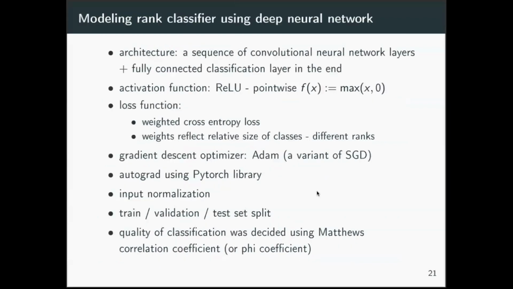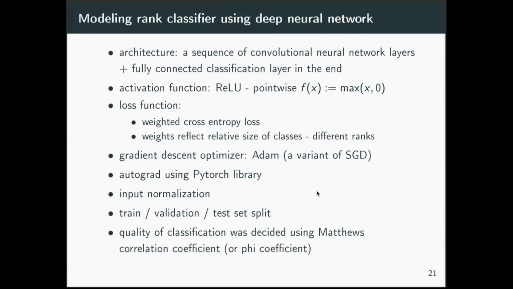Okay, now a few words about the modeling of this deep neural network. This is an area of expertise of my collaborator, Domagoj, so I will not say much about this. The architecture is a convolutional neural network with a fully connected classification layer at the end.